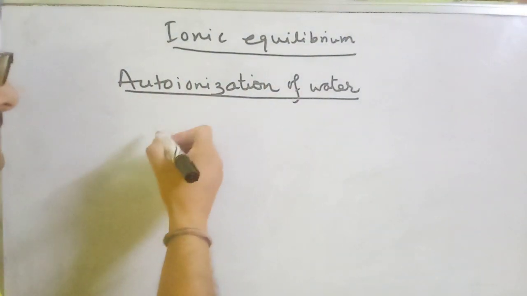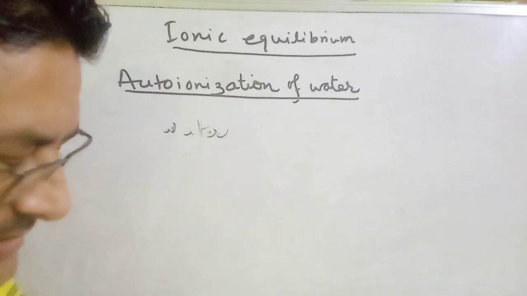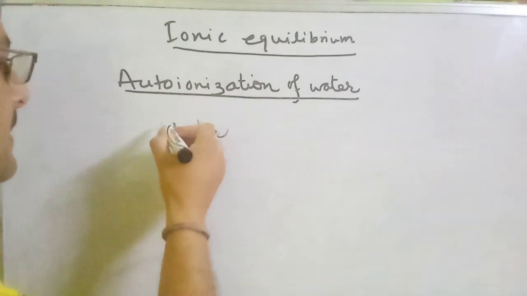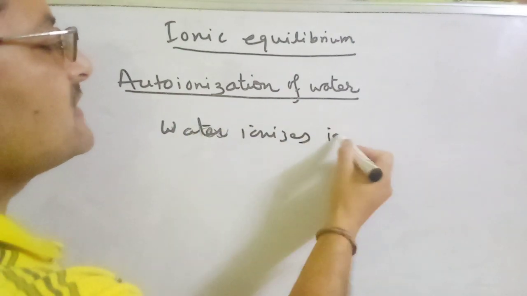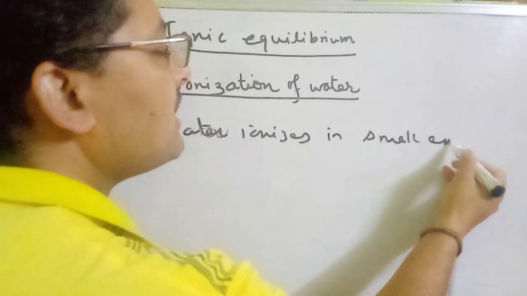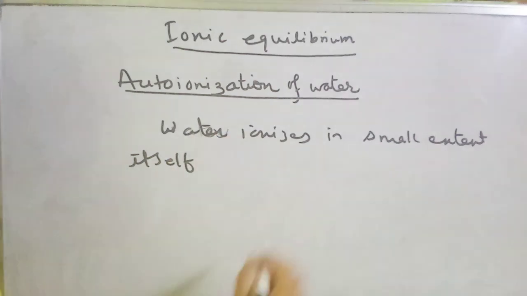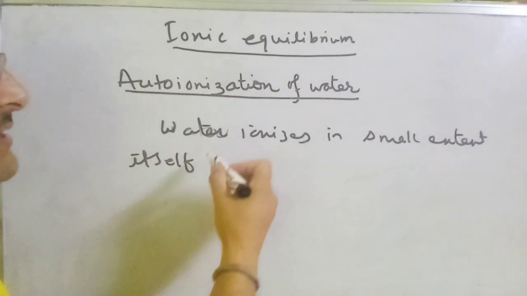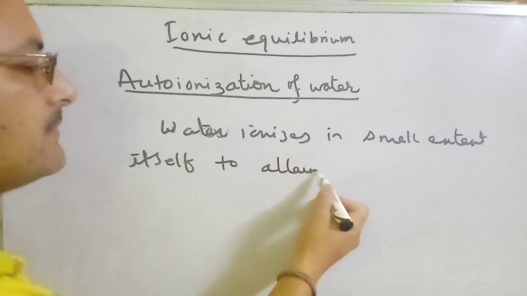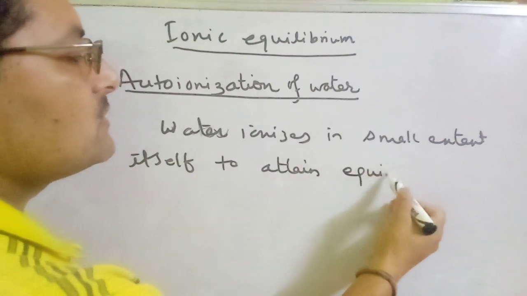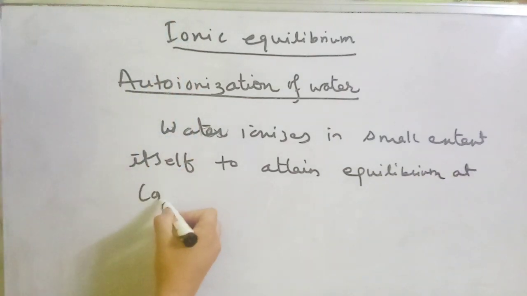So water ionizes to a small extent by itself to attain equilibrium at constant temperature.